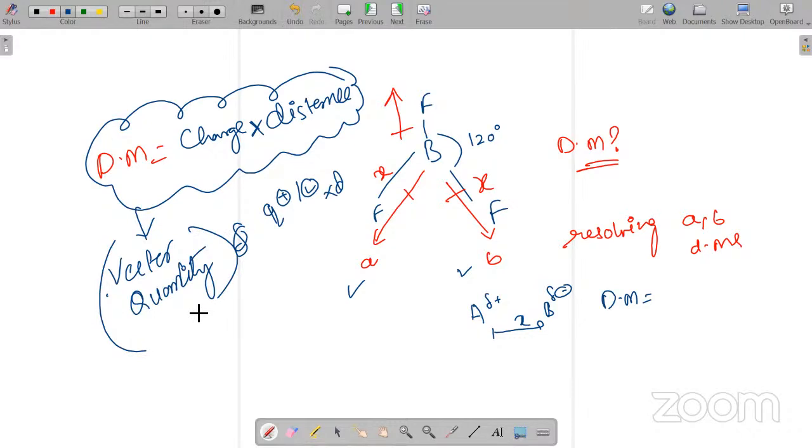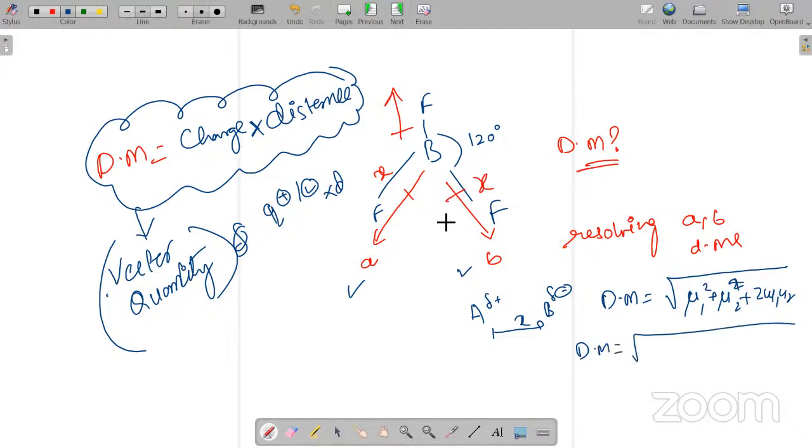The dipole moment can be calculated by using the formula under root of mu1 square plus mu2 square plus 2 mu1 mu2 cos theta.